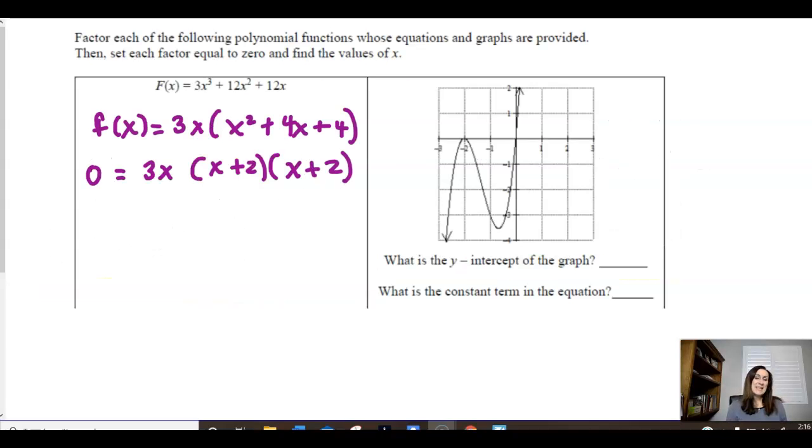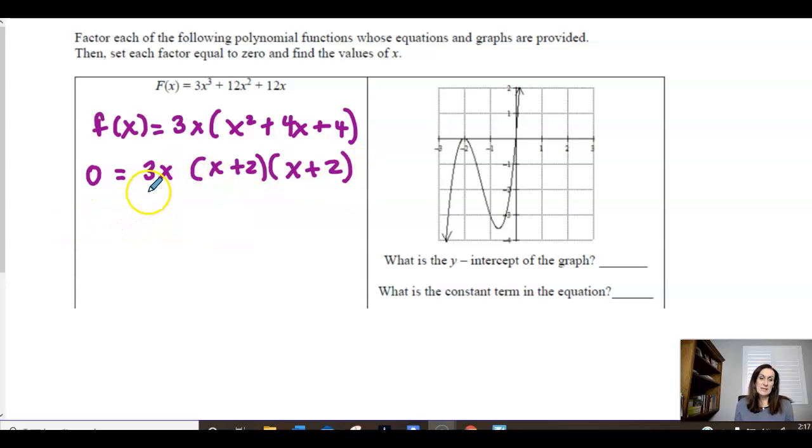This time we're going to be looking at the polynomial function and looking at the graph and the equation. So I started by taking f of x equals 3x cubed plus 12x squared plus 12. And what we want to do is set f of x equal to 0. And then we want to factor. So I factored out the GCF of 3x, and then I continue to factor.